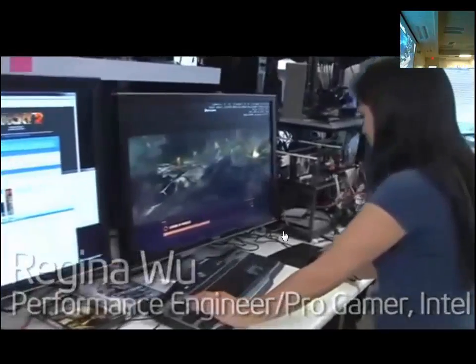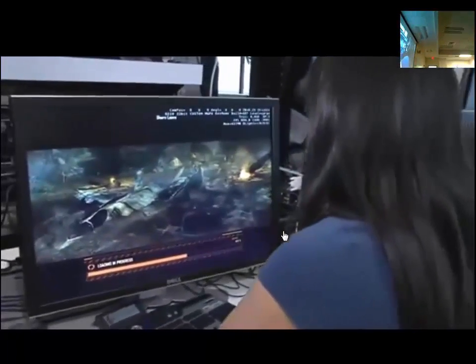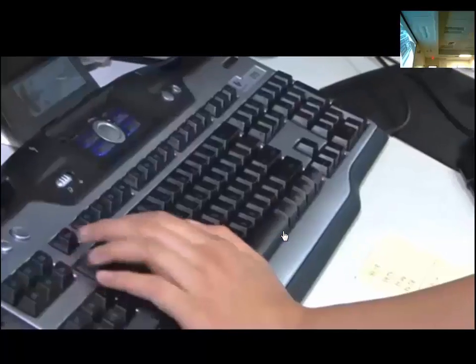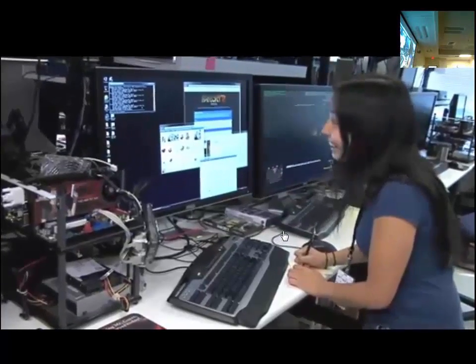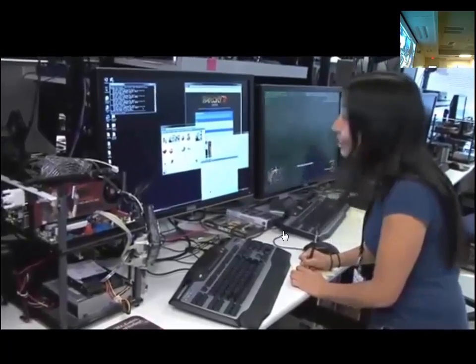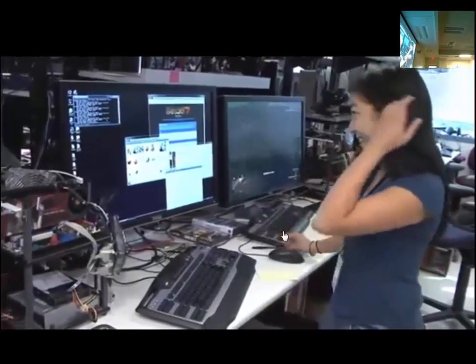Performance engineer. She tries different settings, whether it's screen resolution or the quality settings in the game. So whenever new games launch, she has to spend hours in here. It's a terrible job, going and playing it over and over until she comes up with the right settings. It's hard.